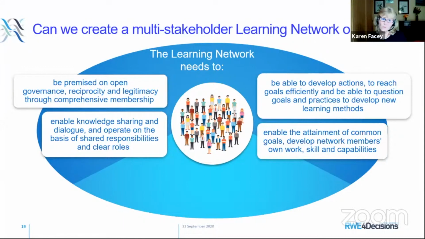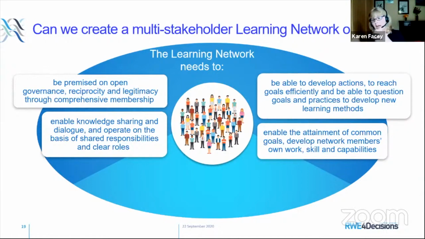We think the learning network needs to have open governance, and for it, really importantly, reciprocity and involvement of all stakeholders. And that's one of the challenges we see with some of the other networks, that we don't see all stakeholders involved and everybody taking ownership for their own element. So we need, within that, open knowledge sharing and dialogue.